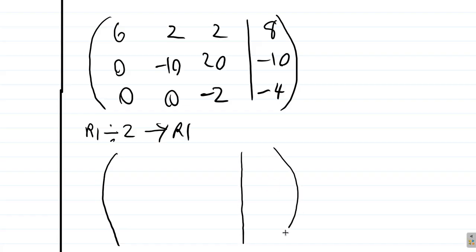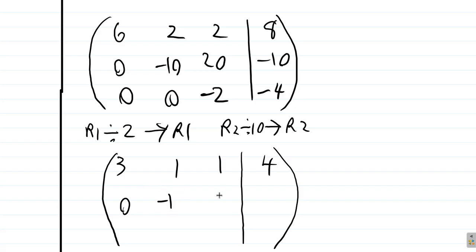So 6 divided by 2 is 3, 2 divided by 2 is 1, this is 1, 8 divided by 2 is 4. Then row 2 divided by 10 will lead to our new row 2. So it's 0, negative 1, 2, negative 1.